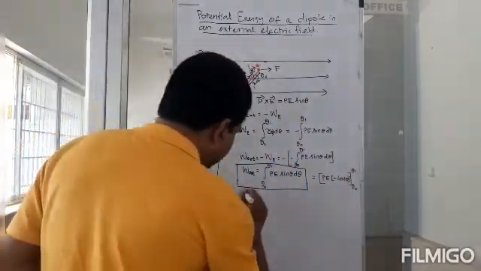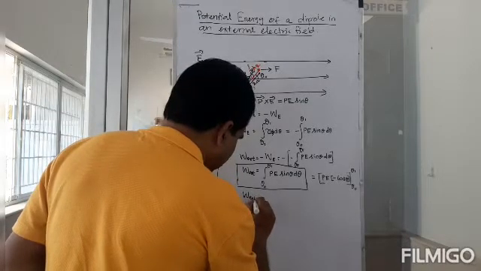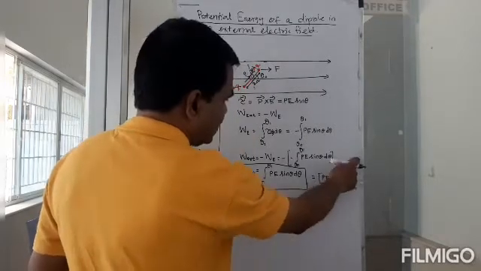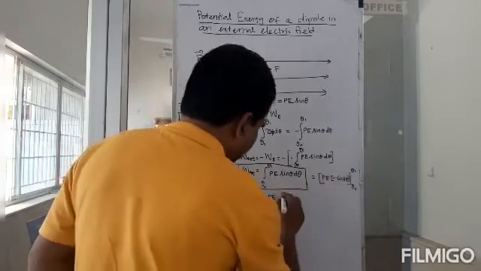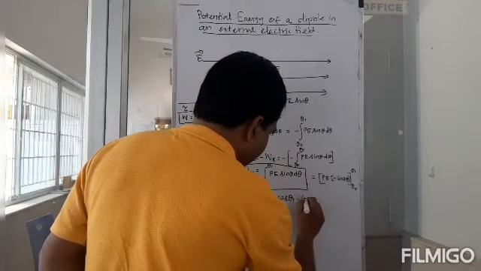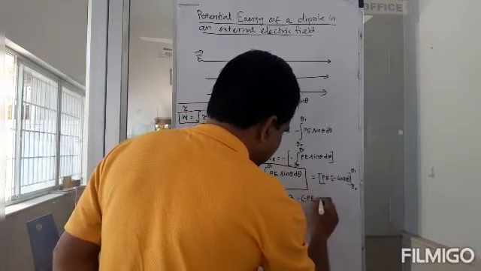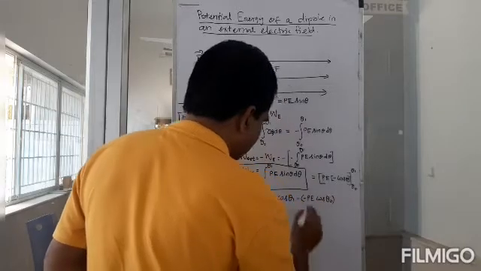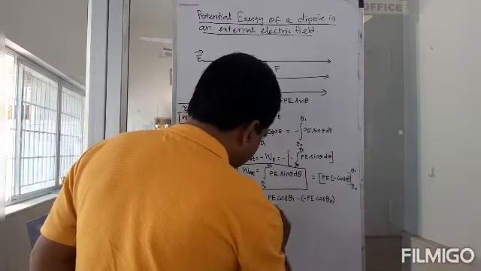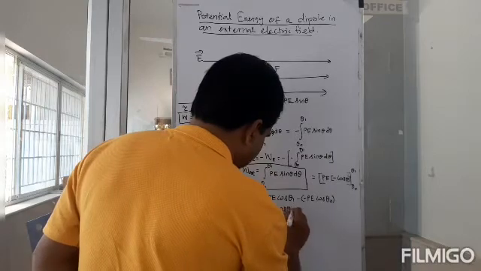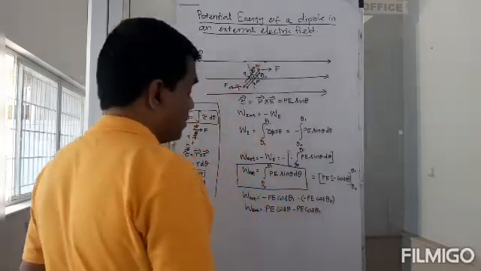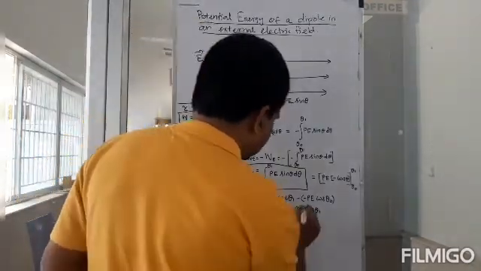When you do that, the top limit first gives minus P E cos theta 1, then minus of minus P E cos theta naught. So W external is going to be P E cos theta naught minus P E cos theta 1.